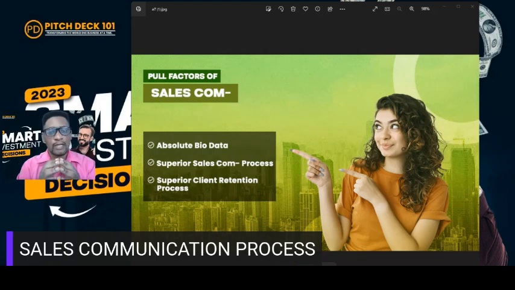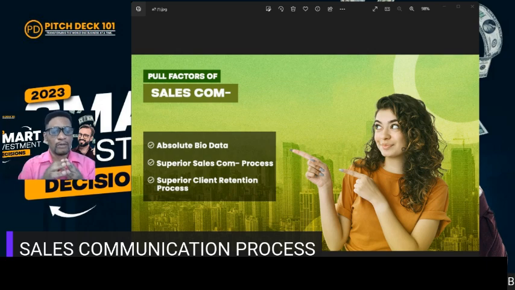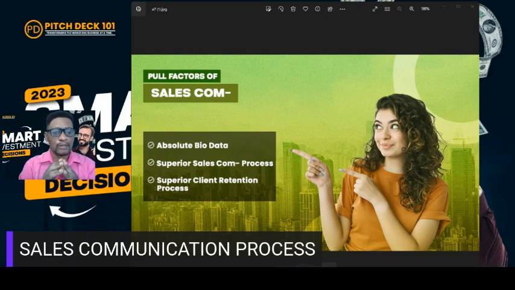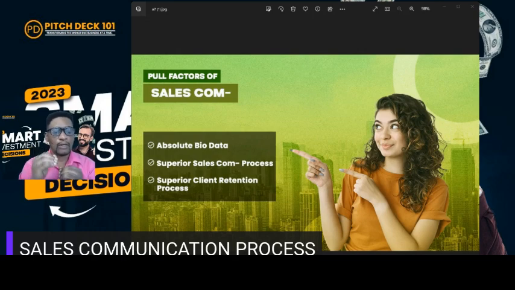It is the understanding of this data, which we call the psychographic data, that enables you to knowingly develop that value proposition and position that value proposition in front of the target audience based on the psychographic data.